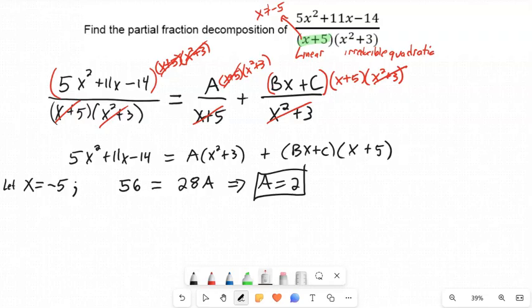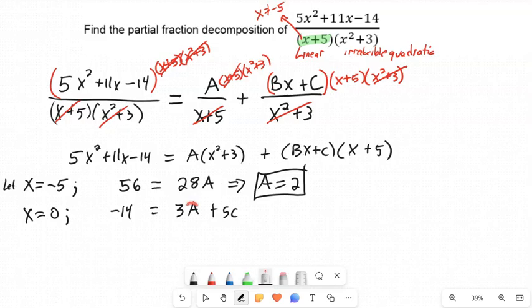Now, if I let x equal 0, I use 0 on irreducible quadratics because when I plug in 0, that gets rid of the b. It'll get rid of other things, but it gets rid of the b. I already know a. That should allow me to find c. So plugging in 0, I would get negative 14 on the left, 3a plus 5c on the right.